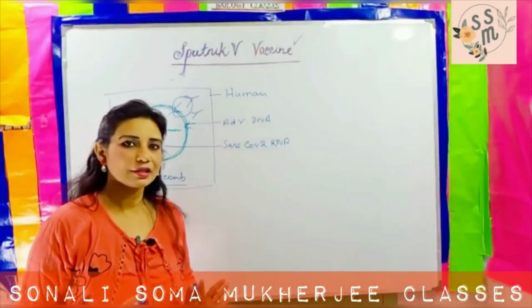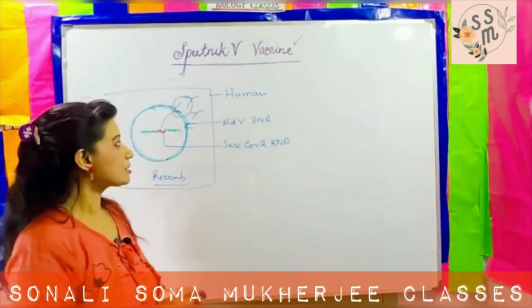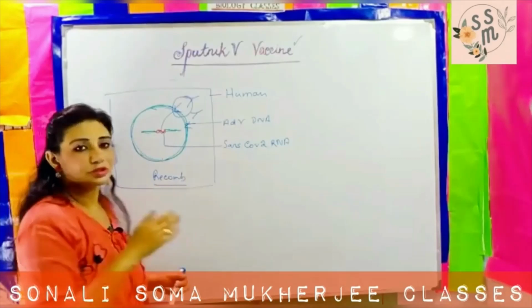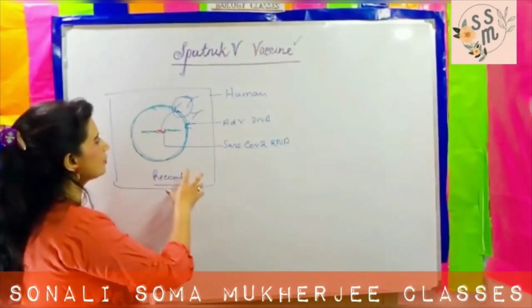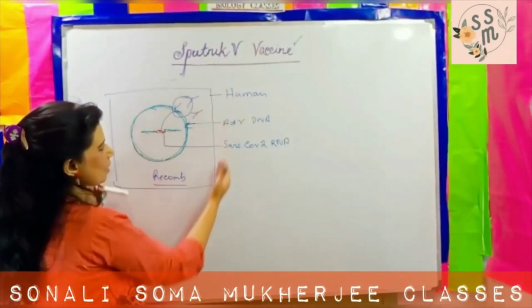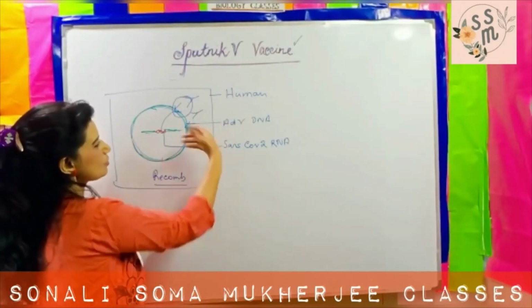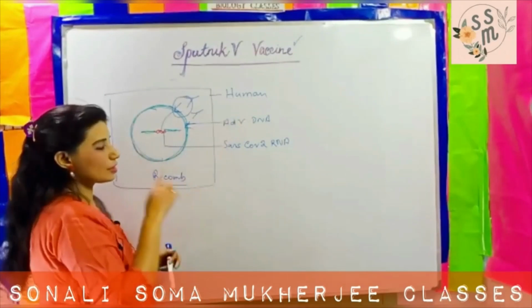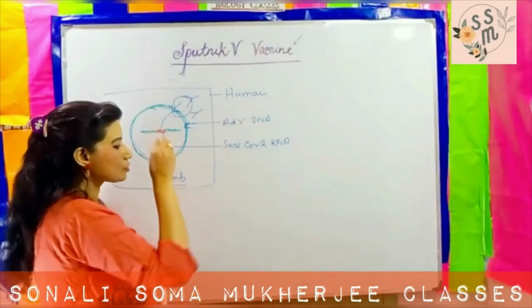So this is the whole idea of vaccination, that instead of killing the host, which is the human, what is the idea? When this is our vaccine, when it is introduced into the human body, the secondary immune response has the responsibility here.